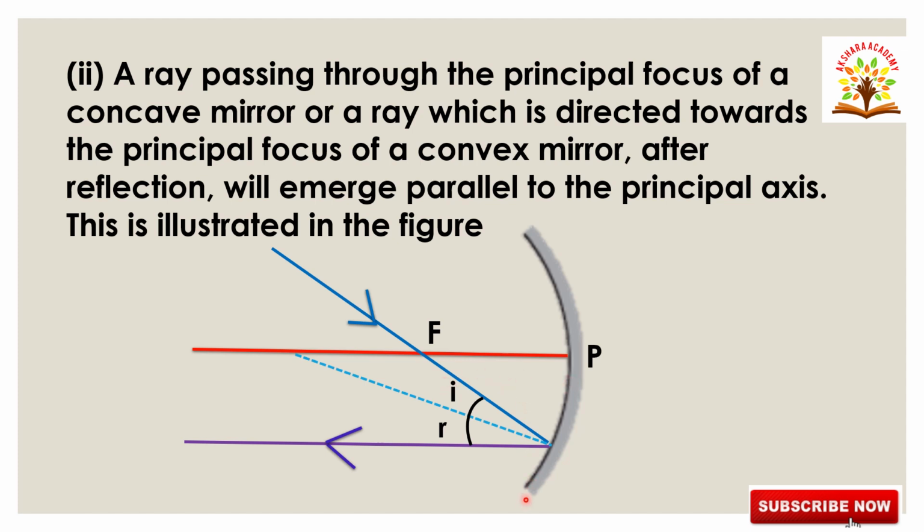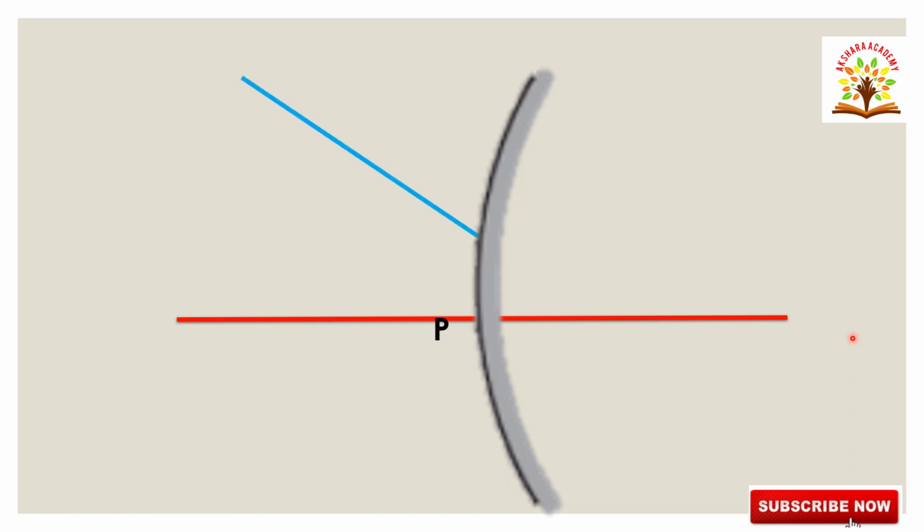Okay, next we go to the convex mirror. This is convex mirror. This line indicates principal axis, and this is pole, and this is incident ray striking the reflecting surface, and the arrow mark indicates the direction of incident ray, and after touching this, the reflected ray is parallel to the principal axis.